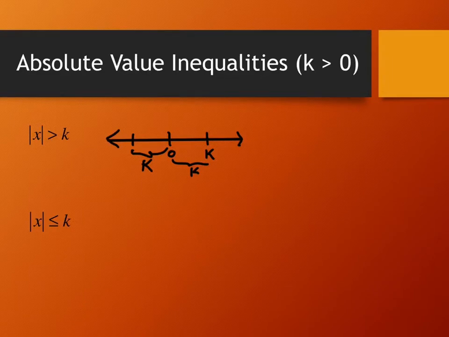Those are all of the values that are further away than k. So this graph would look like this. It's shading on the outside of the graph, and it says greater than without the line, so we're using the parentheses as well.